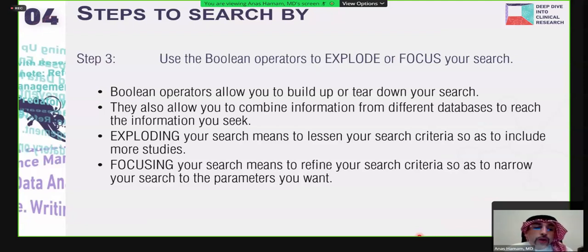So when we talk about exploding your search, it means making your search more general. And the more general you make your search, the more sensitive it becomes, so that you will be able to pick up every single study that was done on that topic. Now, when you do a general search, you get, for example, 500,000 studies.